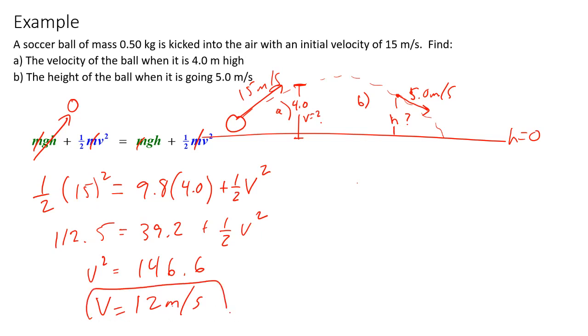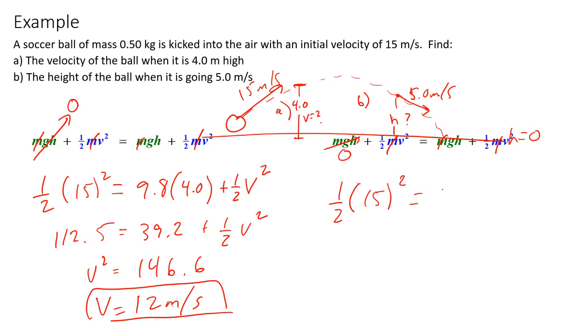Okay. In part B, we're going to start with a similar thing. Our potential energy to start will be 0. Then we'll cancel out our masses because they're in every term. So our plug and chug becomes 1/2 times 15 squared. Now in this case, we're trying to find our height at some spot where the velocity of this ball is 5 meters per second. So that'll be its final snapshot that we're looking at.